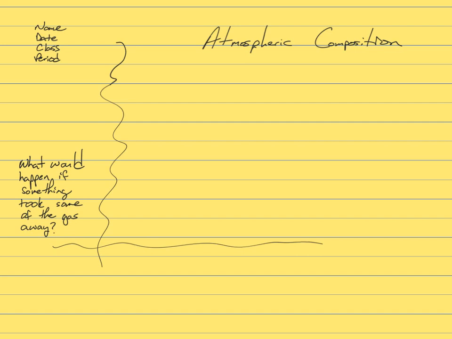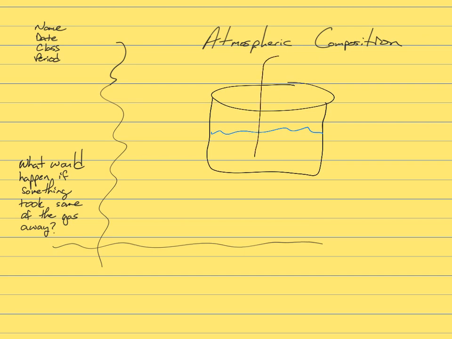So when we looked at our experimental setup, we looked at the beaker that we had, and the beaker had some water in it, and there was a test tube that was inverted, and at the top of the test tube was some steel wool.